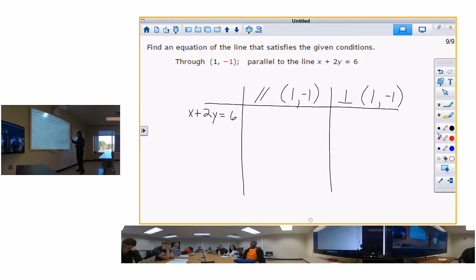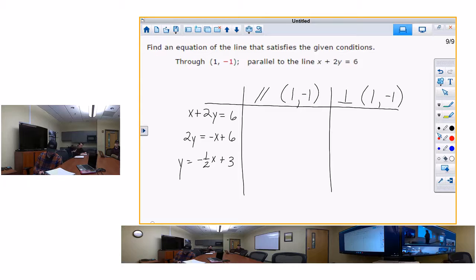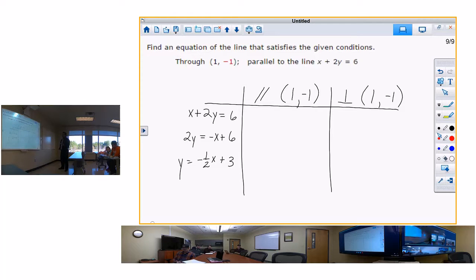First thing you do, solve for y. So 2y is equal to negative x plus 6. Divide by 2 on both sides, and you get that answer. At this point, what is m?